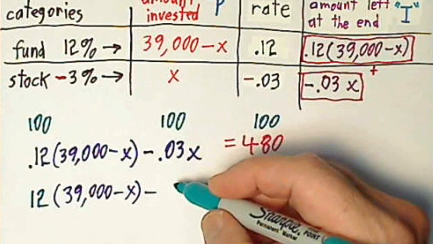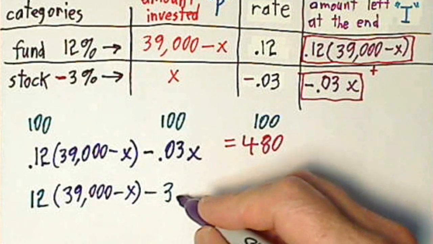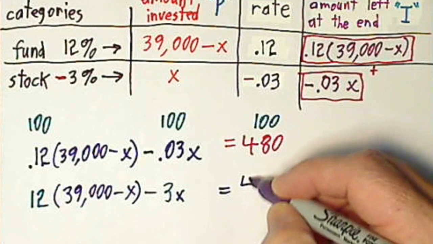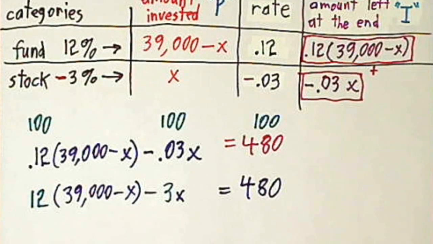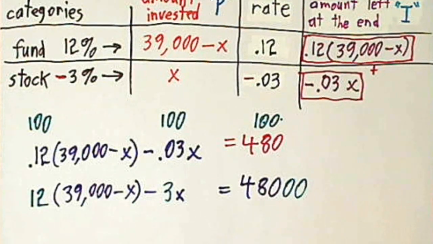And then 100 times 3 hundredths is 3. 100 times 480 is 48,000, and all we have to do is tack on those two zeros. Okay? It's a nice, fast, easy way to do that calculation.